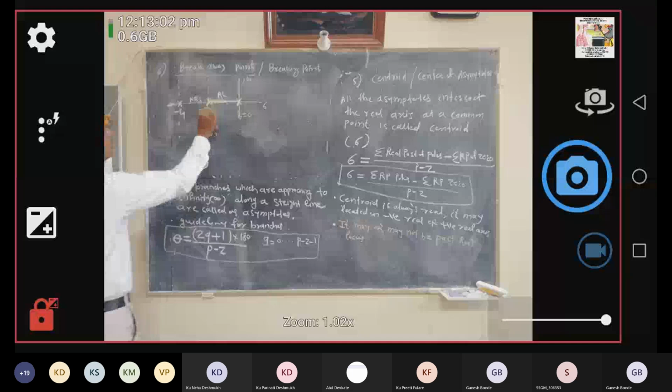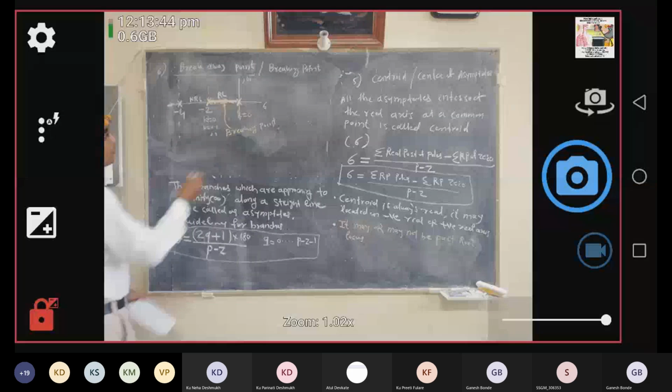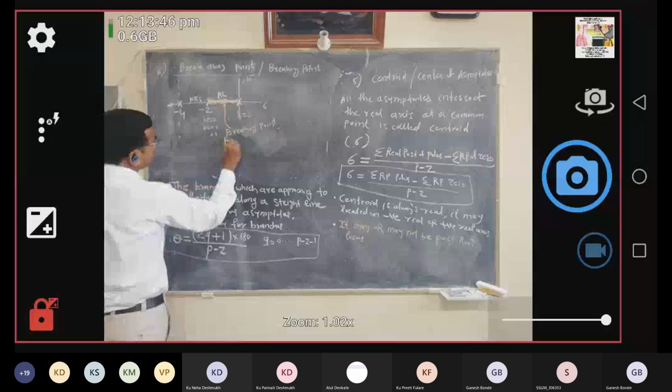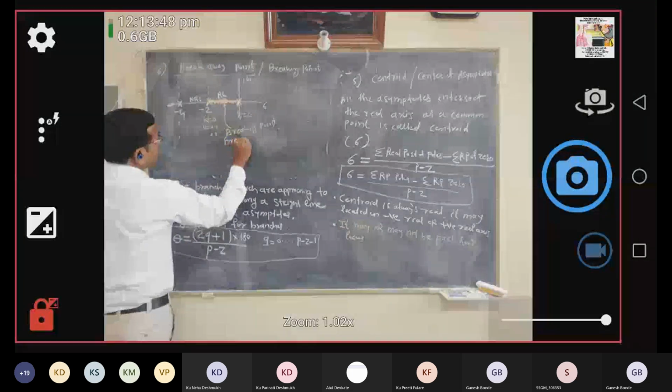The root locus branches of both poles meet at this point, and this point is called the breaking point, or sometimes the breakaway point. Suppose at this point the value of K is 0.7.